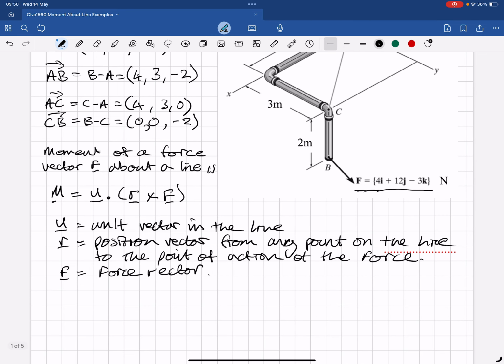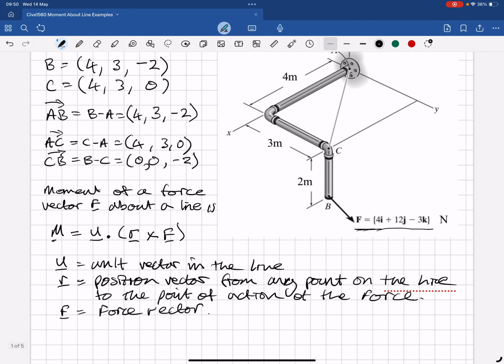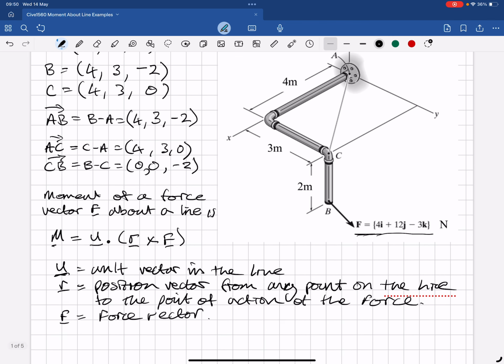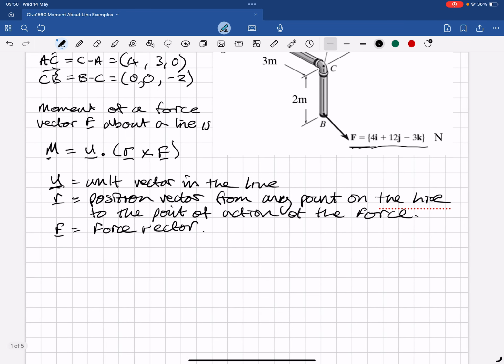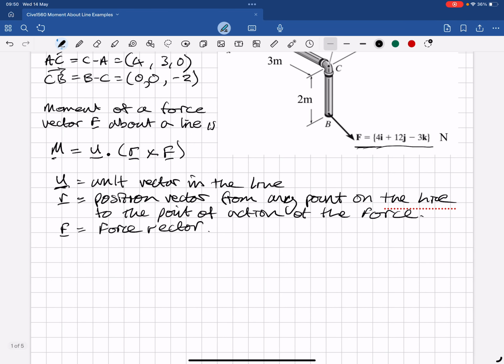So the first thing we need to do is look at for each question to get the unit vector. So in this case it's quite easy for the three parts because the unit vectors are in the x, y, z axes. So let's write this down. We'll write u, and I'll call it x for the x direction.